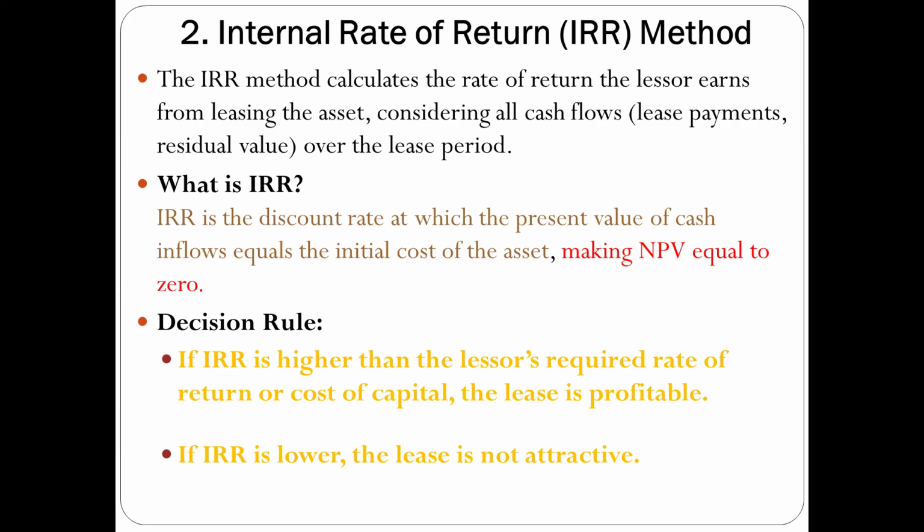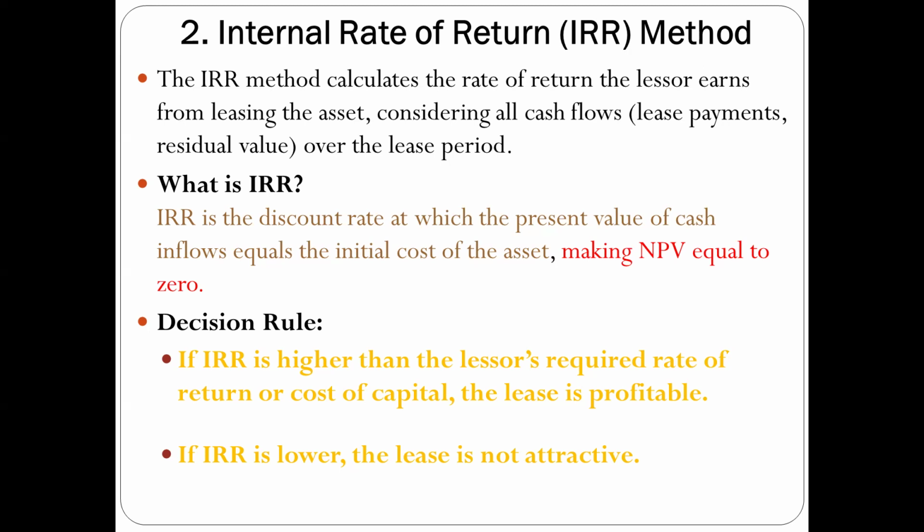Next point is the decision rule. If the IRR is higher than the lessor's required rate of return or cost of capital, the lease is profitable. Which means if the IRR is higher than the lessor's required return or cost of capital, the lease is profitable.